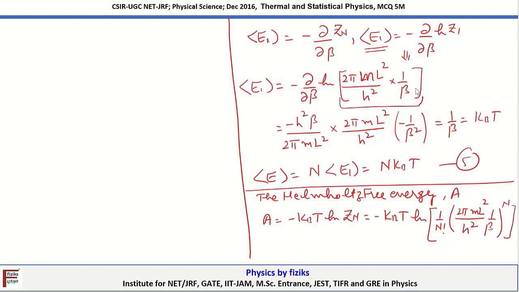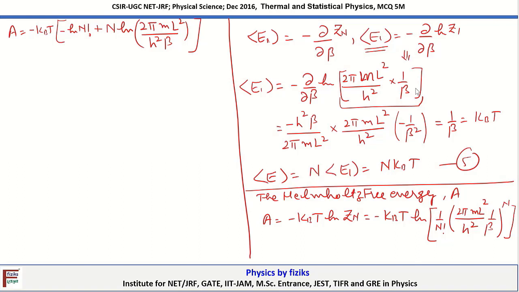Okay, and upon expansion, while expanding, we can rewrite this as A equal to minus kBT, and inside the bracket, because it is ln 1 upon n factorial, that will be equal to minus ln n factorial plus, n I will take before the logarithm, so n ln 2 pi m L square upon h square beta. Okay, so we are simply expanding the expression.